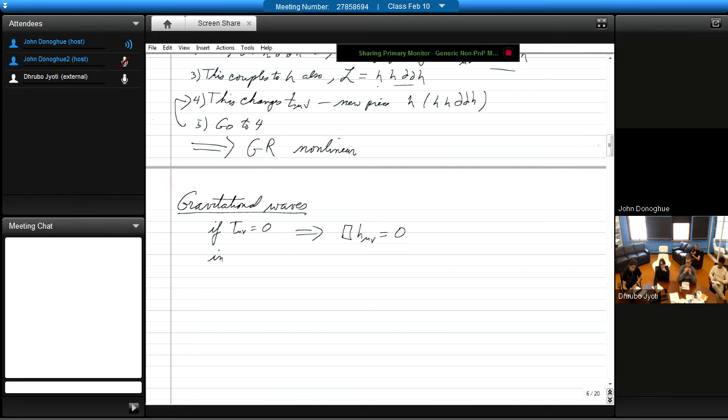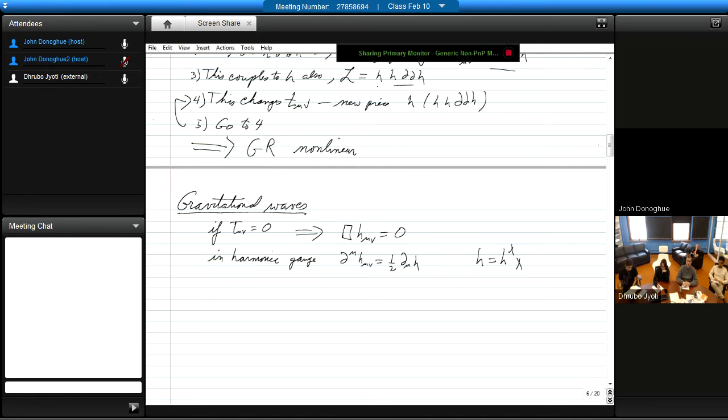We've imposed harmonic gauge: d mu H mu nu equals 1/2 d nu H, where H is H lambda lambda, the trace.